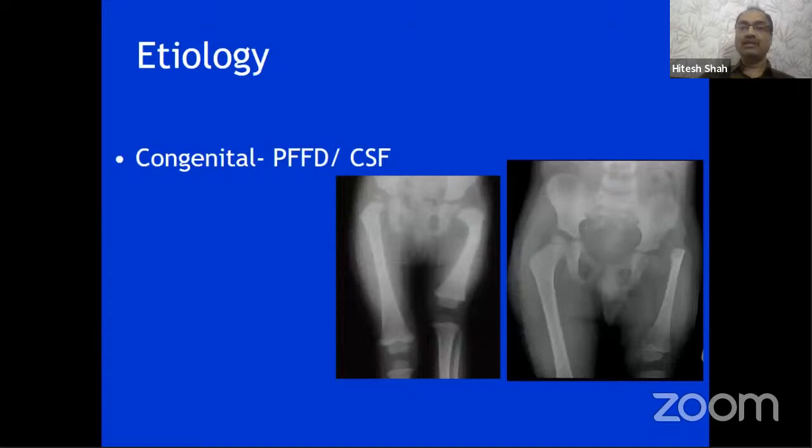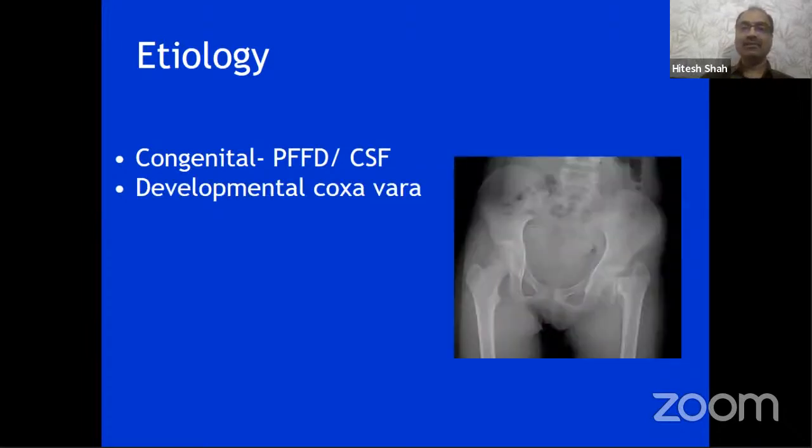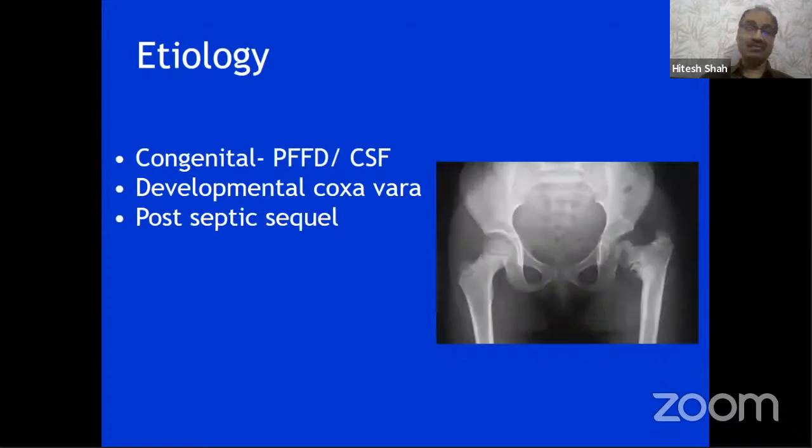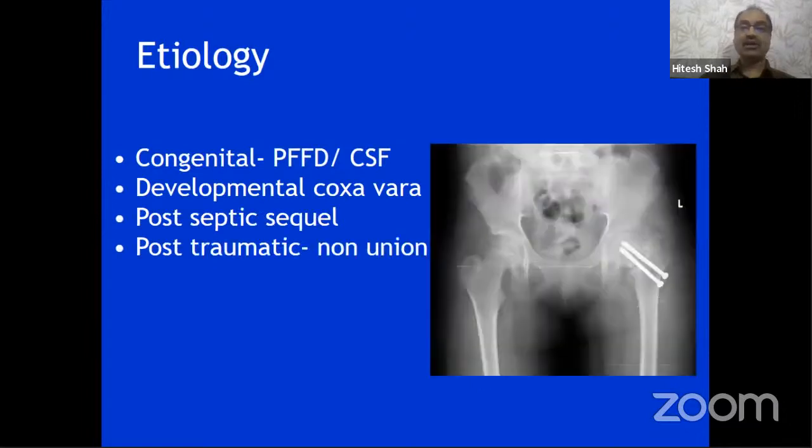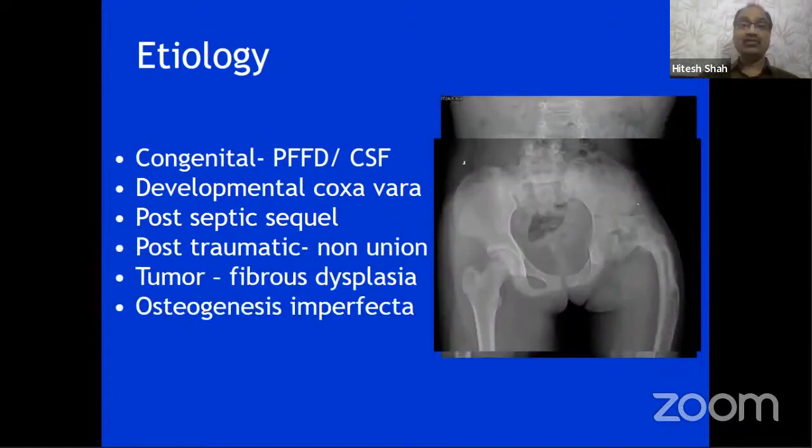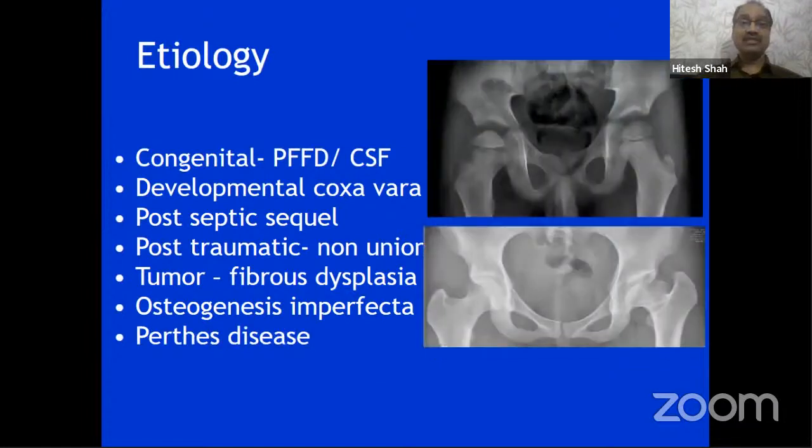The commonest is the congenital problem, the coxa-vara. What conditions can lead to coxa-vara? Either congenital coxa-vara, like congenital short femur or PFFD, or developmental coxa-vara, or post-septic sequelae, or following trauma with non-union or malunion of the neck of the femur, or tumor, osteofibrous dysplasia, osteogenesis imperfecta, or Perthes disease.